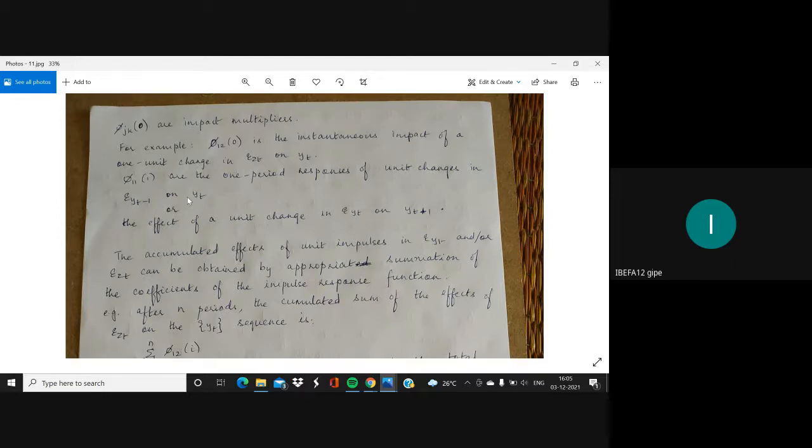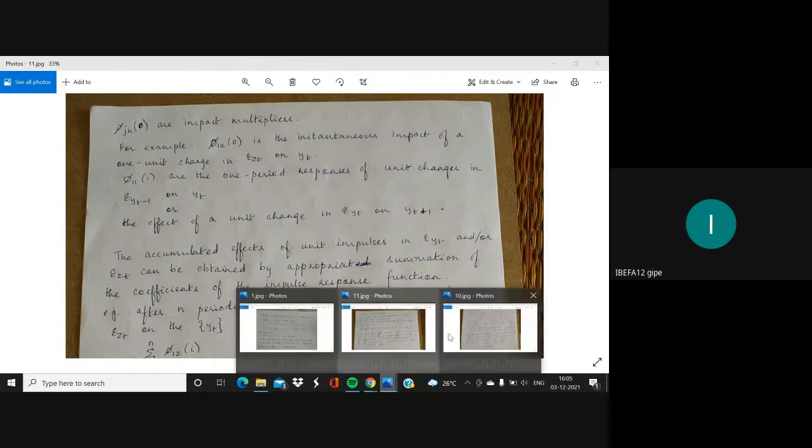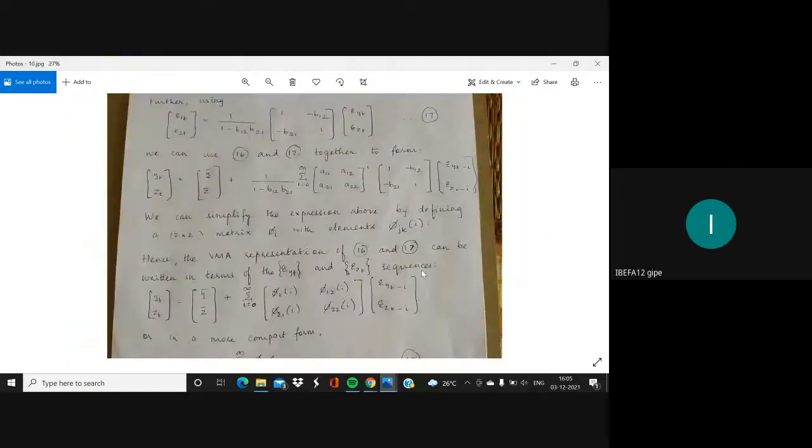I'll just check by asking you a question. Can anyone tell me what phi 22(3) will represent? So it's 2 2 and 3 is in brackets, right?